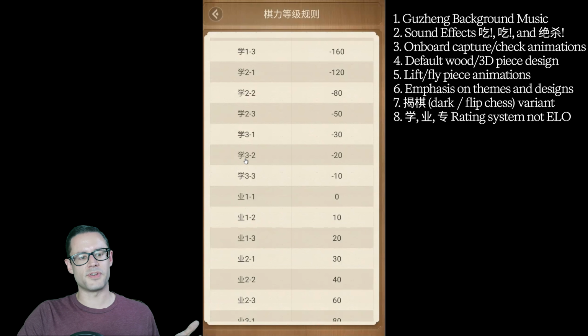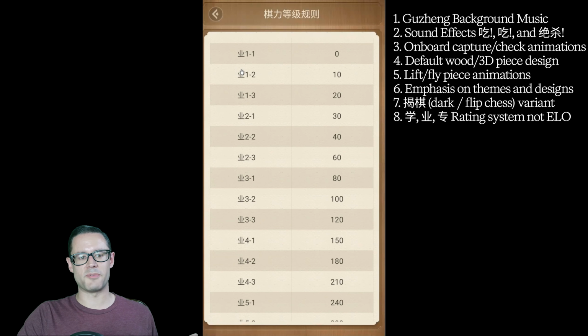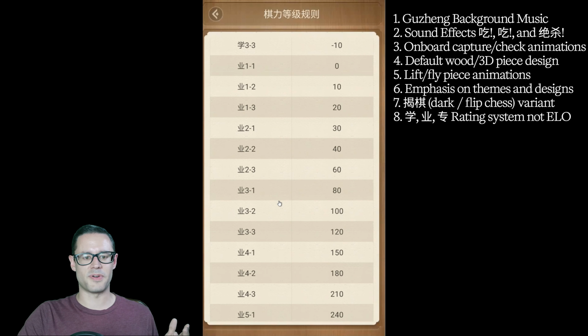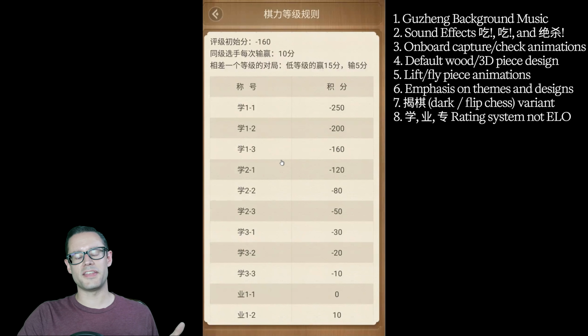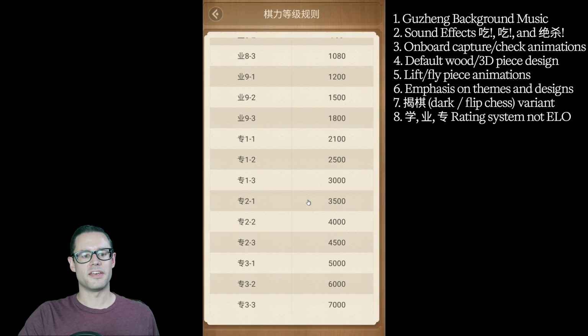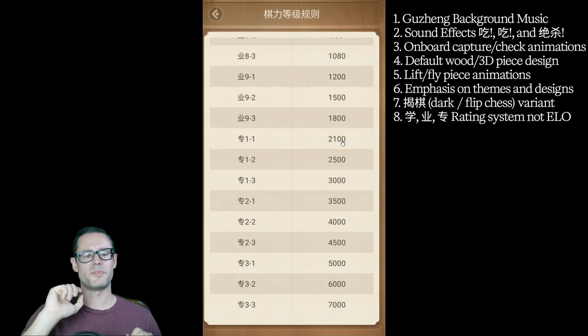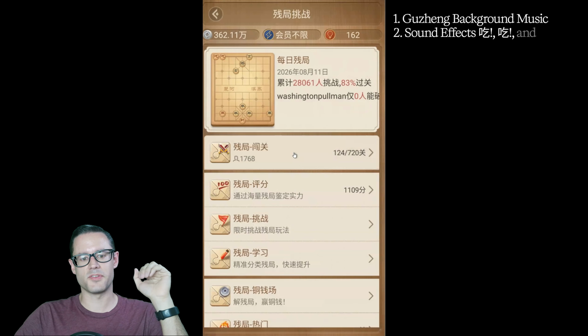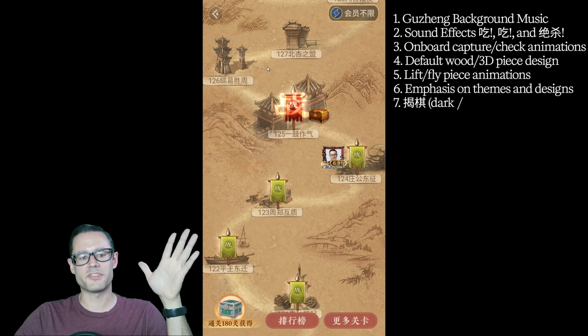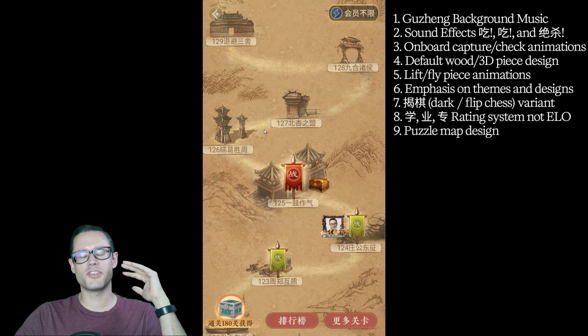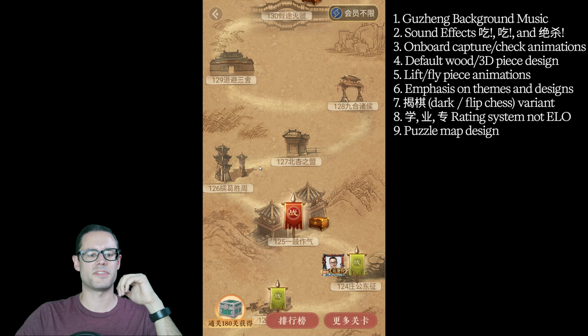So student level 3-2, and then you move up to amateur level 1-1 and progress. And the associated rating range for that title is given on the right. As you work your way up, eventually you get to this professional level, and that's when you have some really high ratings. So it's a little bit different system. It's not the same as the ELO system in chess. Back to the puzzles, and I already showed this earlier, but this puzzle map design is common across so many of the Chinese chess apps in China.